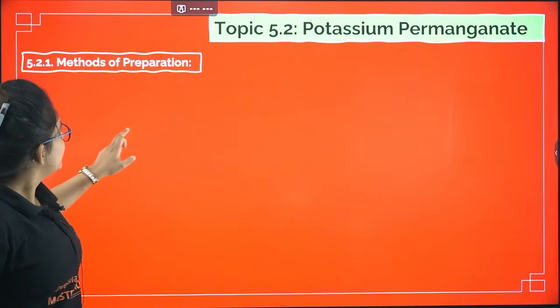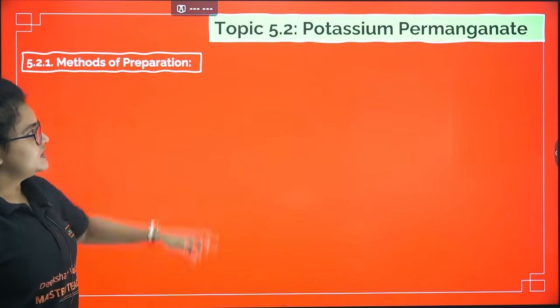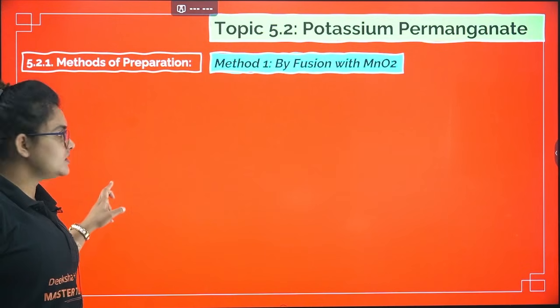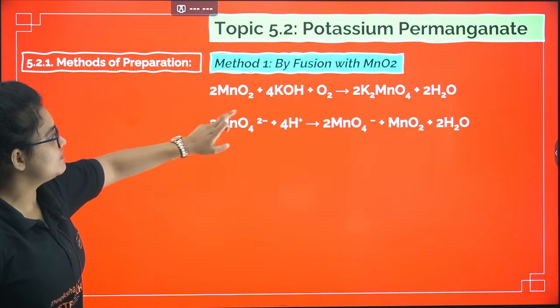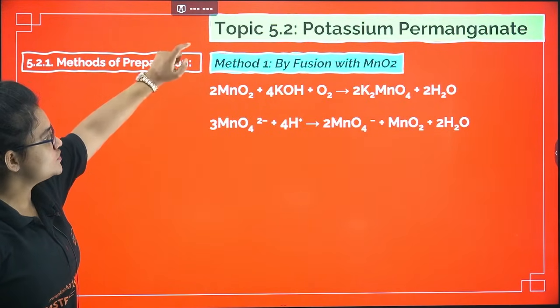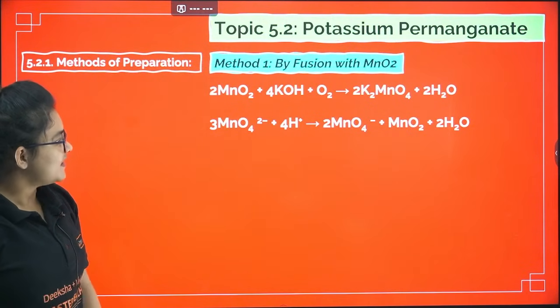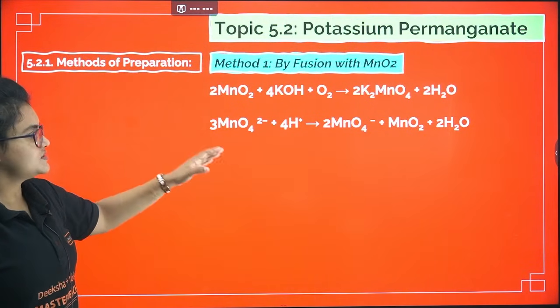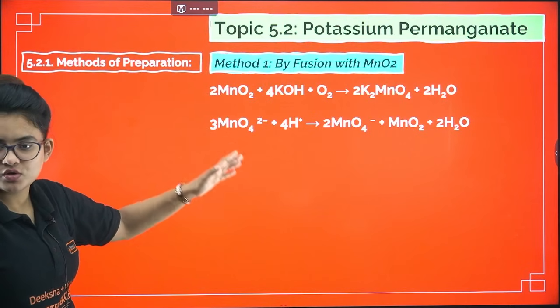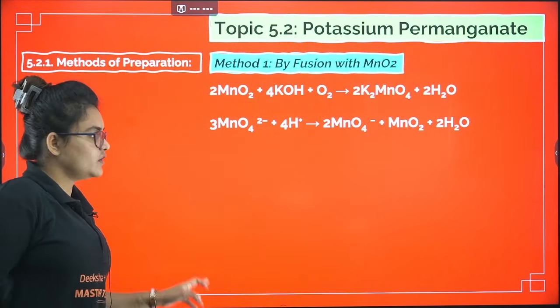Next we will proceed with the potassium permanganate preparation. By fusion with MnO2: MnO2 is fused with KOH in the presence of oxygen to give K2MnO4. Further, this K2MnO4 in the presence of acid gives MnO4 minus and MnO2.